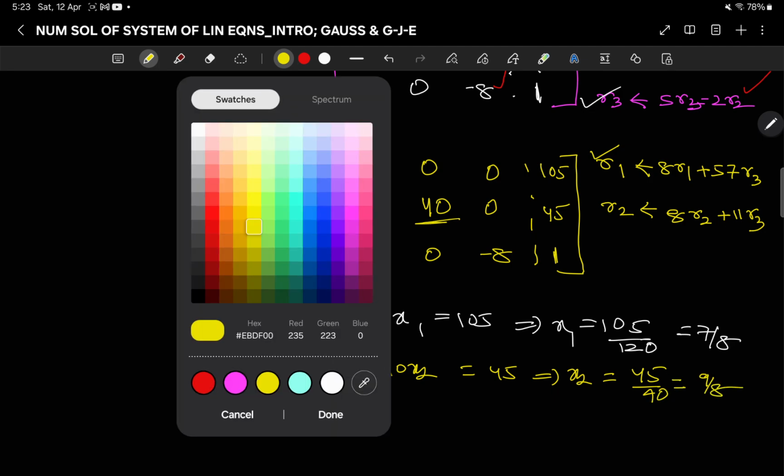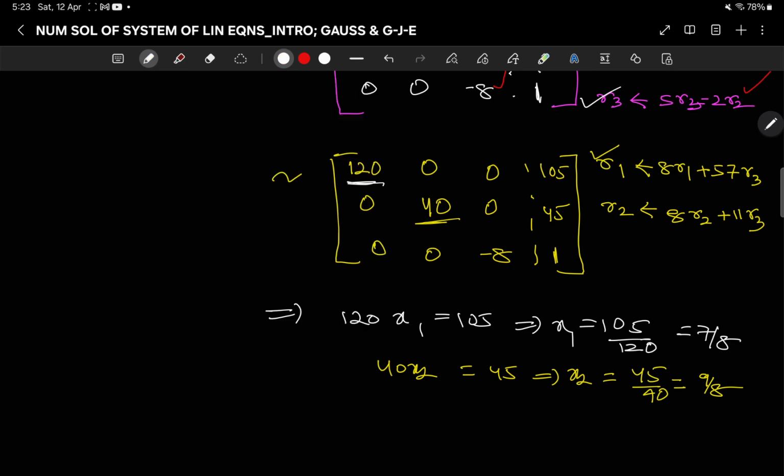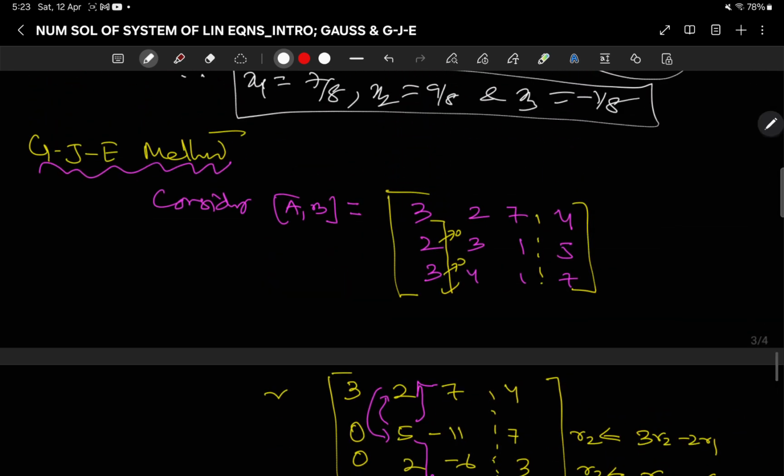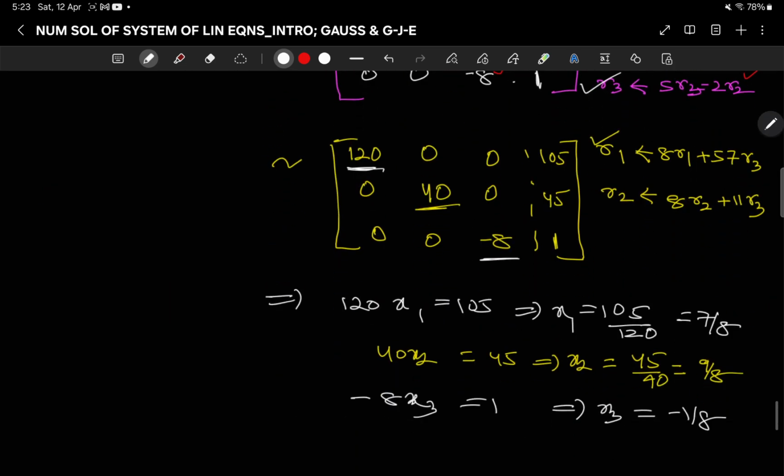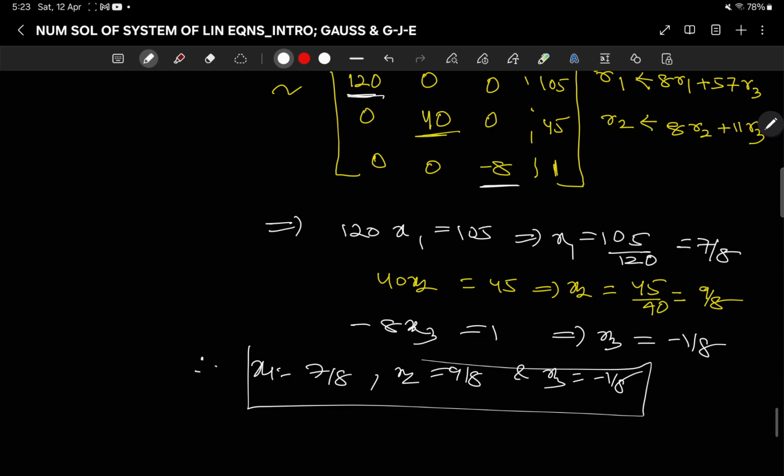Then minus 8 x3 is equal to 1, so x3 is equal to minus 1 by 8. Does this not coincide with the previous? So x1 is 7 by 8, x2 is 9 by 8 and x3 is minus 1 by 8. So this is your answer.